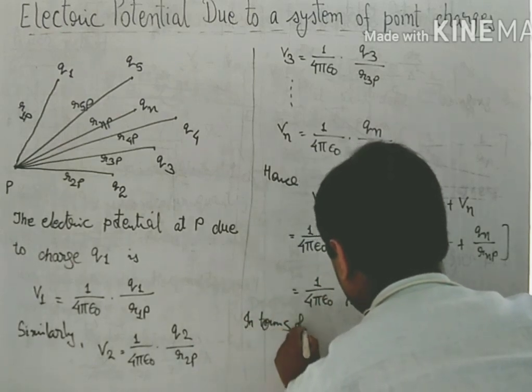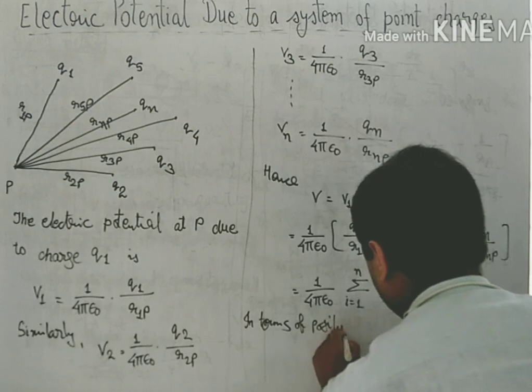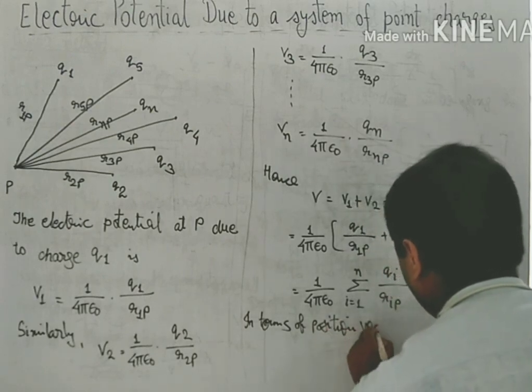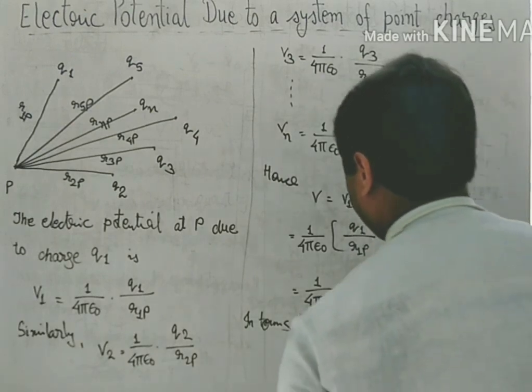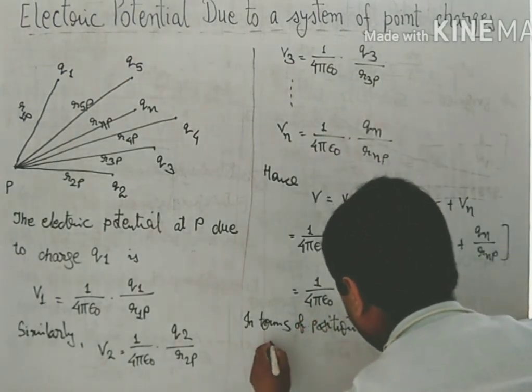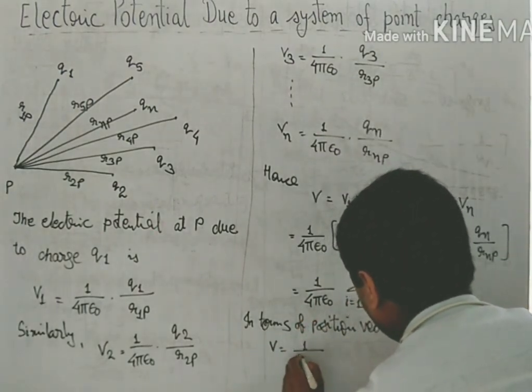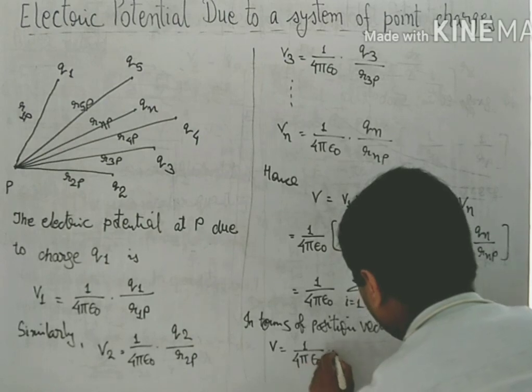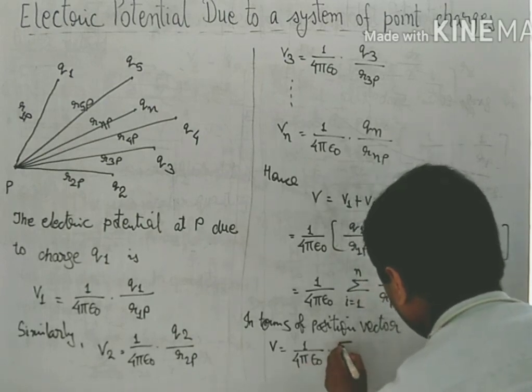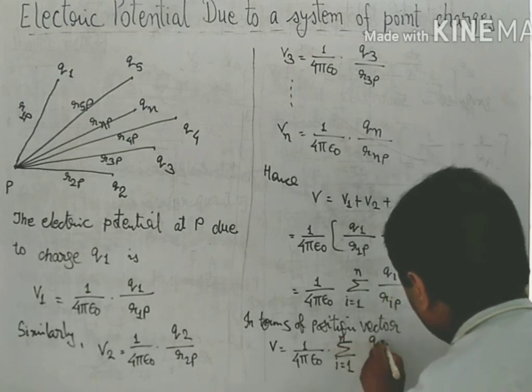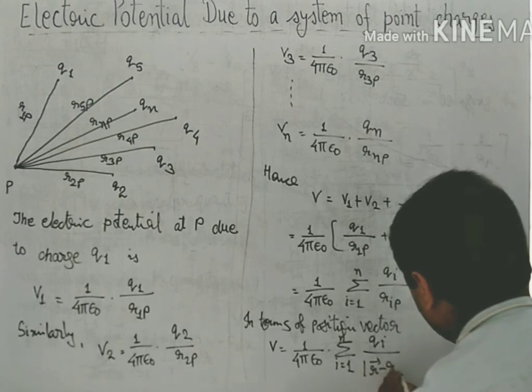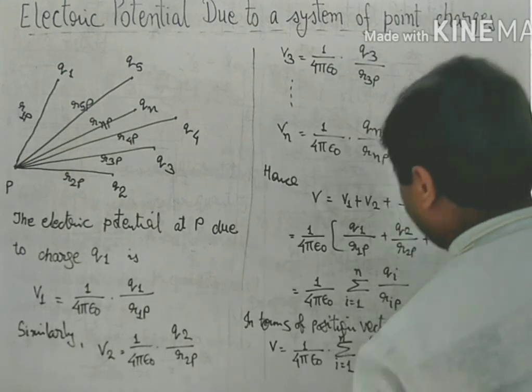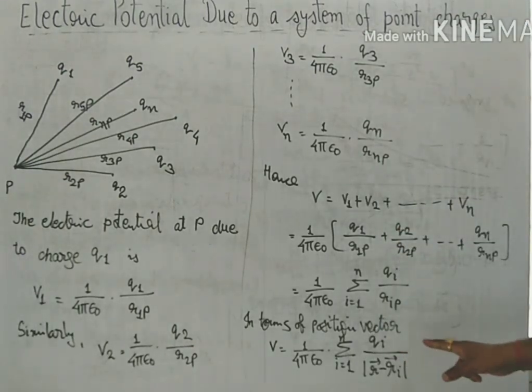We can have potential equal to 1 upon 4 pi epsilon naught summation over i equal to 1 to n Qi upon mod of vector R minus vector Ri. So in terms of position vector we can write this.